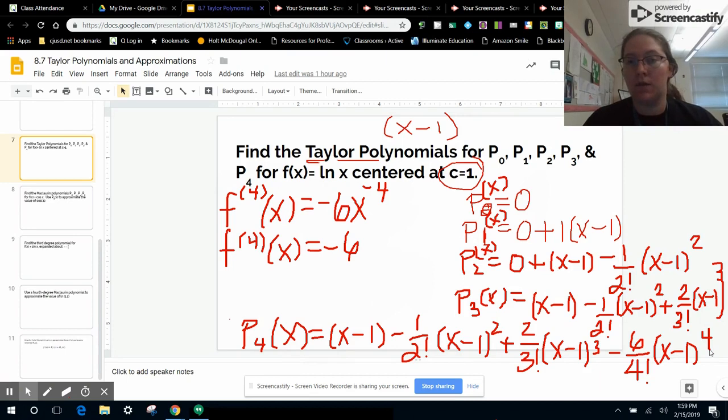One thing I'm not doing at this point, but could be useful at times, is to reduce your fractions. So 2 over 3 factorial would actually reduce to 1/3. Negative 6 over 4 factorial would reduce to negative 1 over 4. So just keep that in mind. All right, and so those are my up to my fourth degree polynomial for ln.